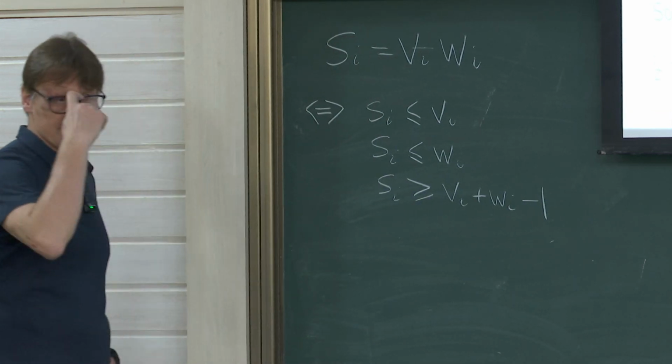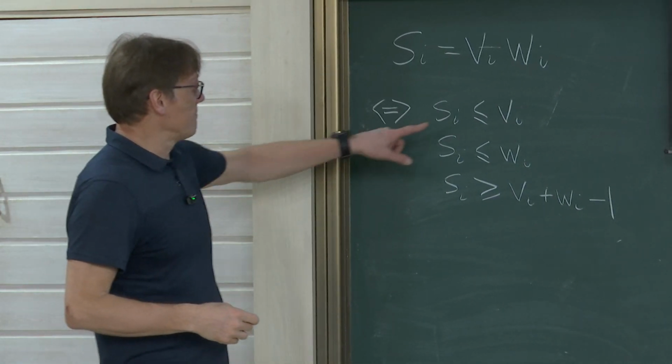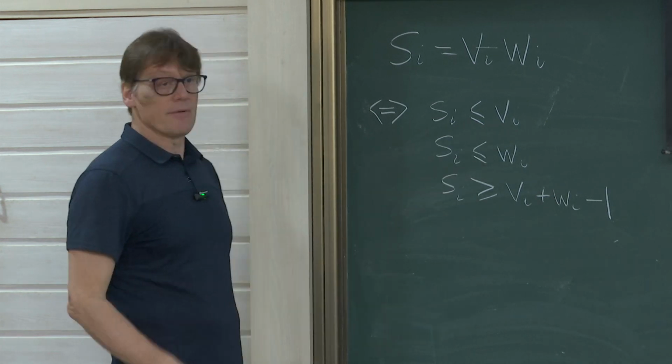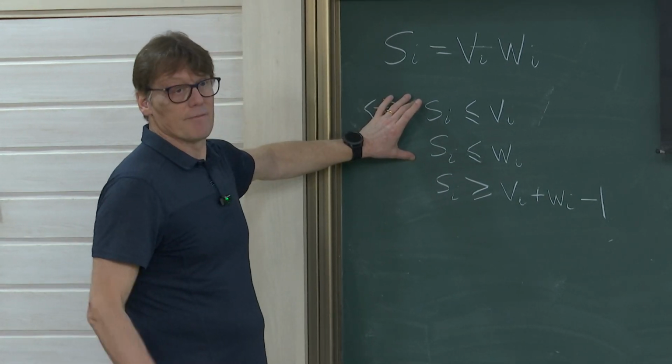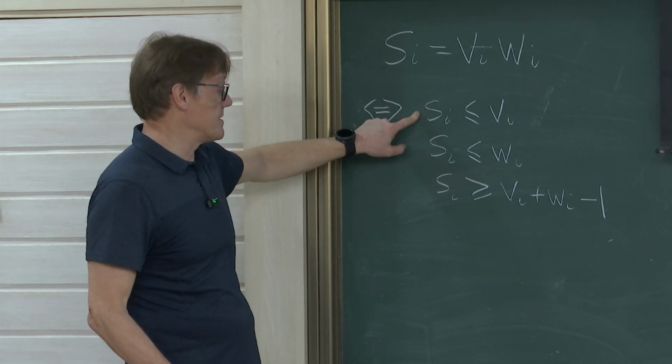And you can easily see, if you plug in binary variables Vi and Wi, if both of them are 0, then Si will be 0. If one of them is 0, Si must be 0.